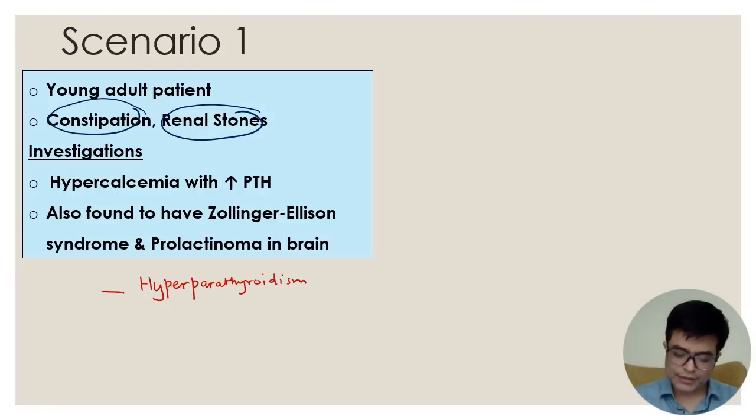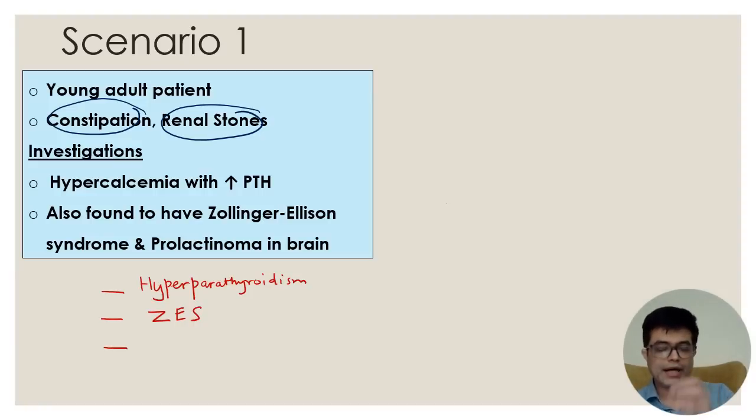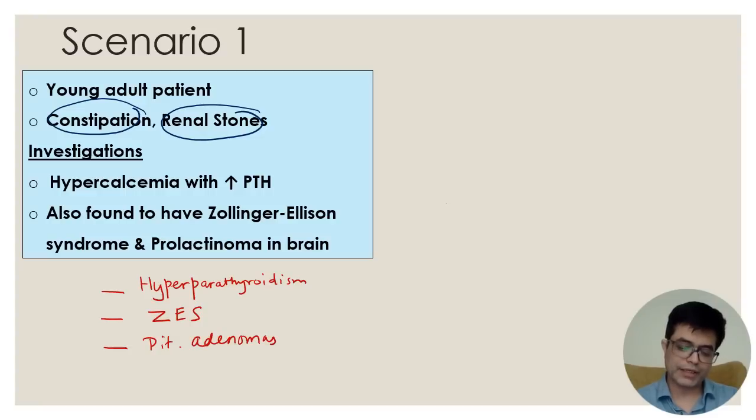The second feature is that these patients have Zollinger-Ellison syndrome, also called gastrinomas. Thirdly, they have pituitary adenomas, the most common variety among them in this syndrome being prolactinoma.